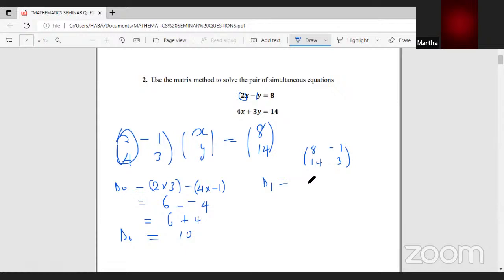So my determinant 1 will be equal to 8 times 3 minus 14 times -1. I will get 24 minus negative 14. I get 24 plus 14, which gives me 38.